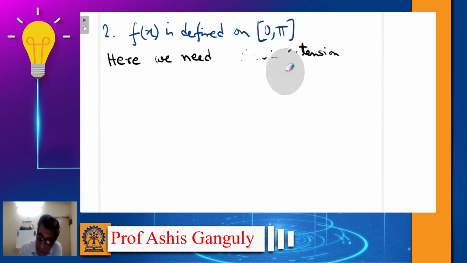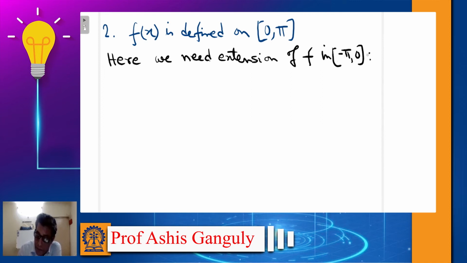Periodic will come later. So we need an extension of f in minus pi to 0. Two ways are possible.